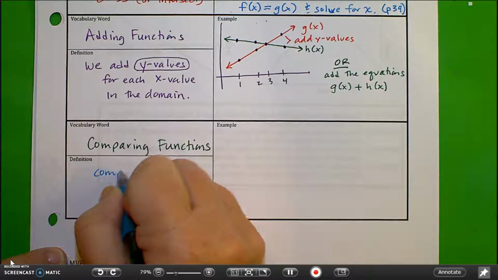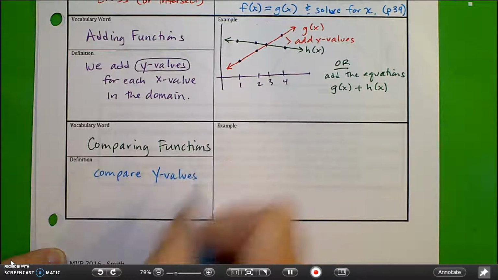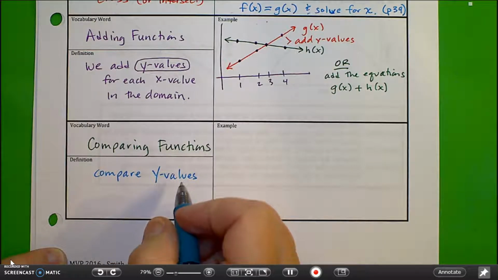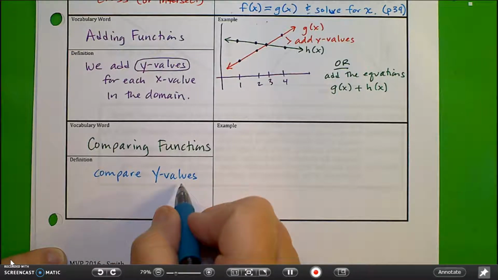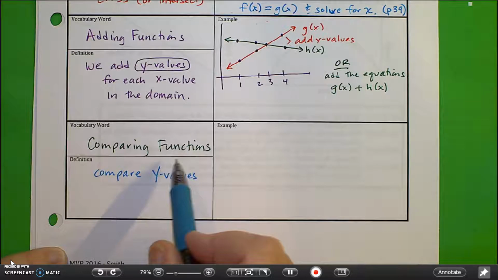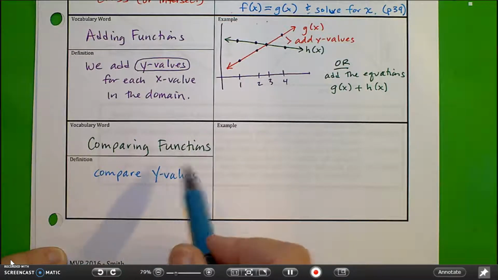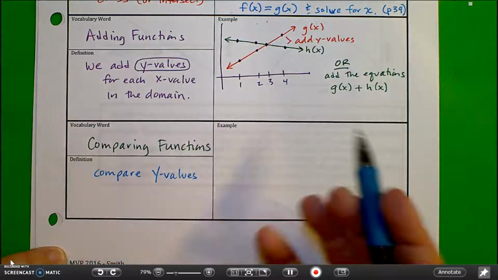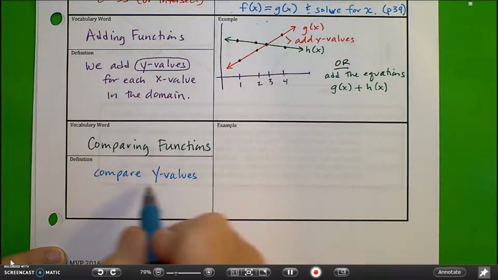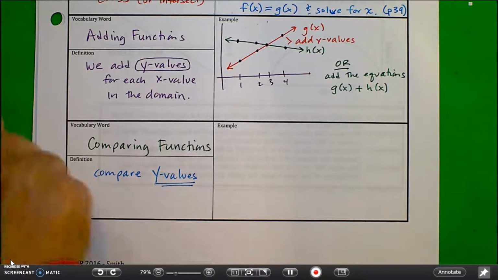So we're going to compare y values. You have to keep in mind that we're always comparing y values. So compare y values, and then the results of this, if you're talking about an interval where one function is bigger than the other, you're going to talk about the x values for the answer, but you actually have to compare the y values to determine what intervals have what feature.